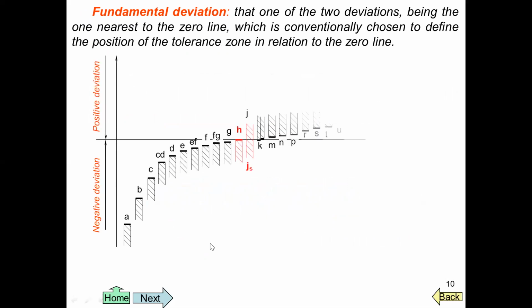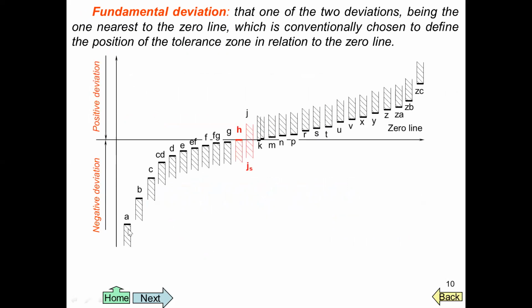As you see, if you choose the letter a small, b small, c, and so on, you create a clearance fit in the basic hole system.